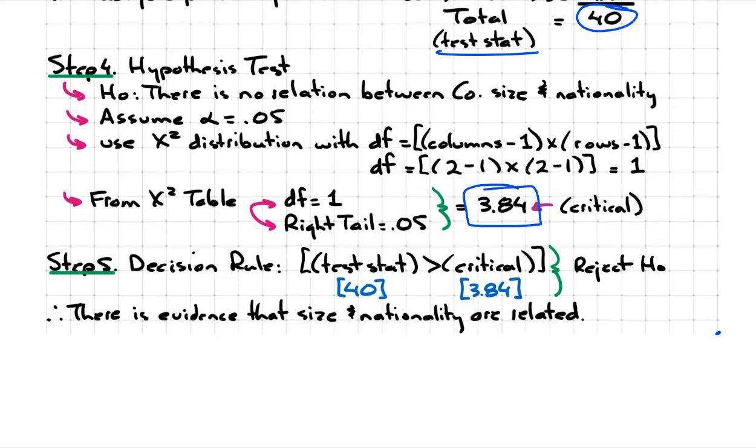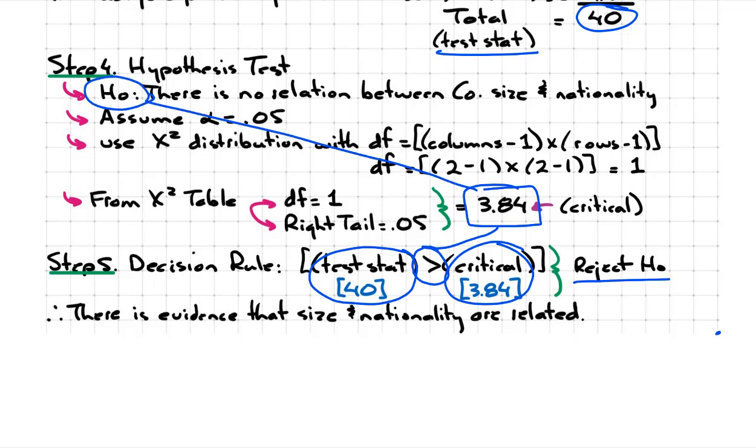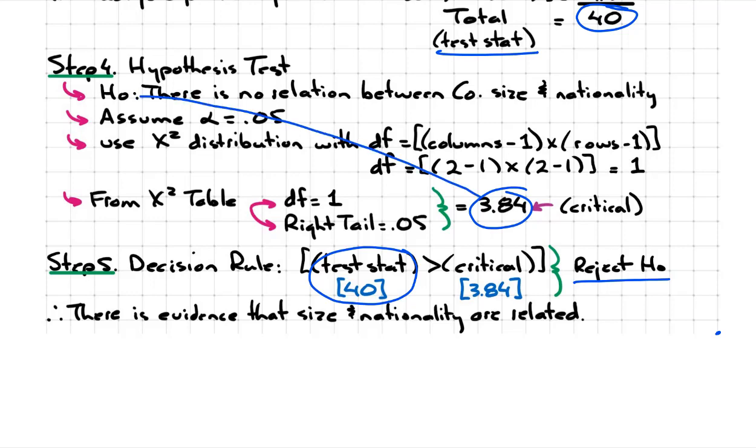Then in step 5, that's where we have the decision rule, where we compare where the sample was relative to this critical value. Since the sample came outside of this critical value, which is really like a goalpost for the null, we would reject the null. In other words, if the sample fell within 3.84 standard errors away from the null, we would still accept the null.